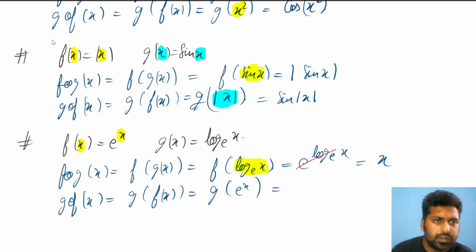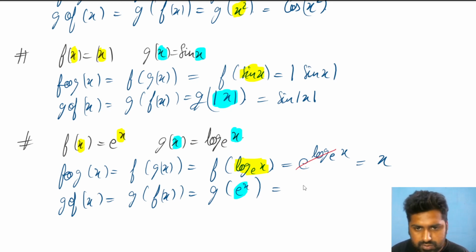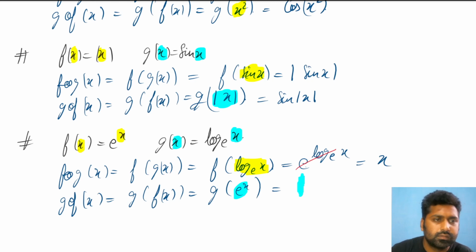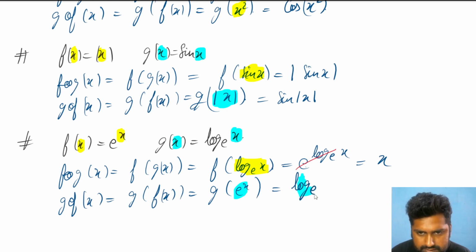It becomes, now what do we do? You replace every x in g of x with e raised to power x. So that becomes log base e of e raised to power x.